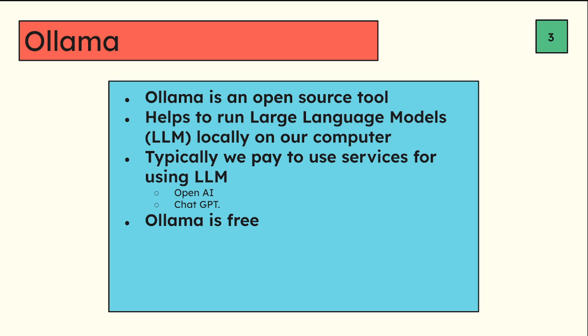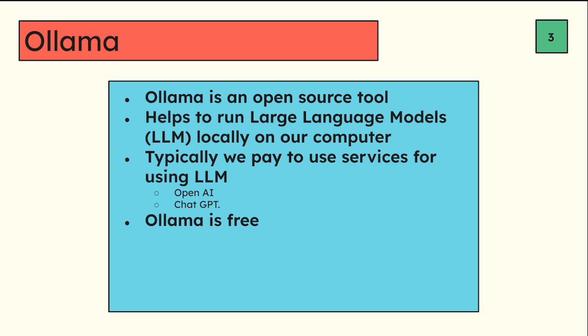But typically, what happens is in the free version, you have several limitations wherein you have a limited number of prompts that you can request, and if you want a professional version, you will have to basically pay for the services.